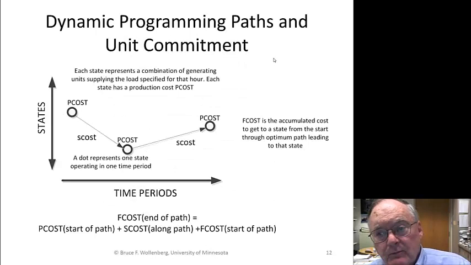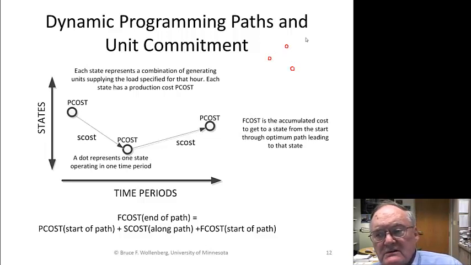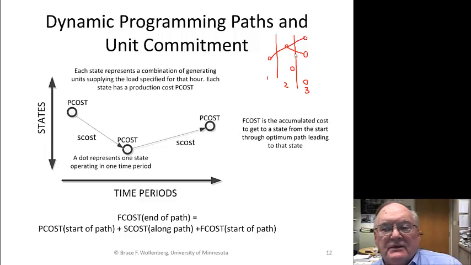Okay, dynamic programming. Remember we had a diagram where we had stages across the land, and we put some lines down here, and we said here's stage 1, 2, 3, and so forth, and we went from one point to another and found the optimal path.